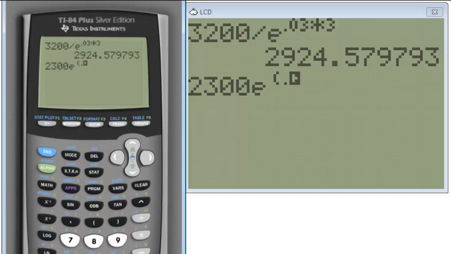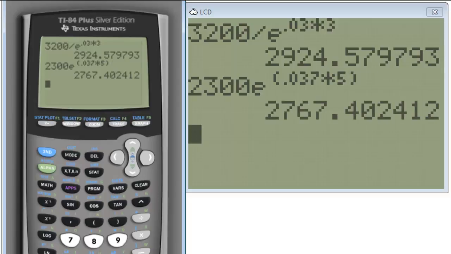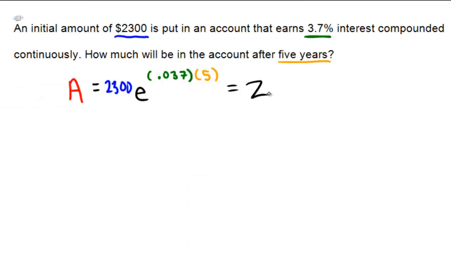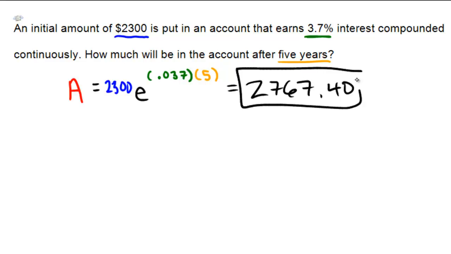Up in the top I have a 0.037, and that's being multiplied by the number of years, which was 5. So that answer should come out to be 2767.40. So $2,767.40 is our final answer.